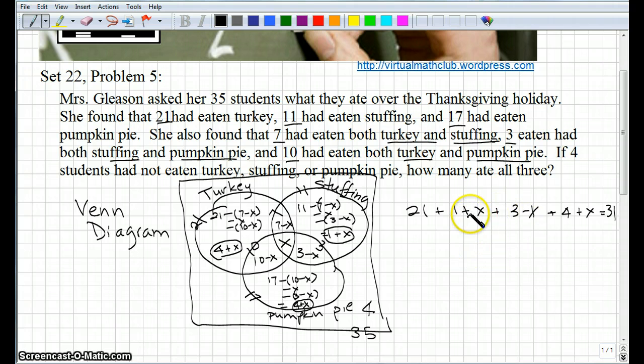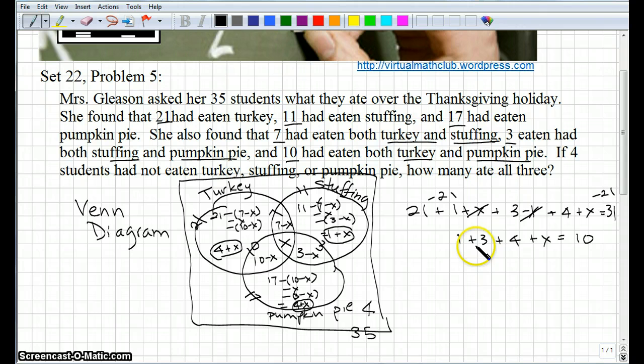I have a positive x and a minus x, I'll just cancel those out. And I can subtract 21 from both sides. That's pretty easy. So that gives me 1 plus 3 plus 4 plus x is equal to 10.